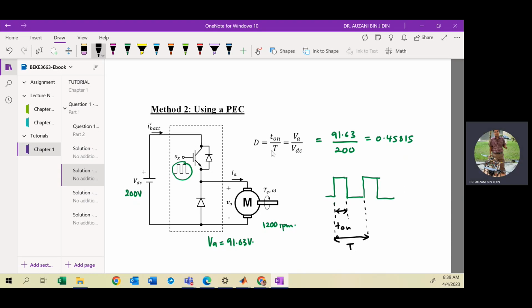Your D you can define as here, and also this one. So you have to design the PWM waveform in order to obtain the desired VA, which is 91.63 volt.